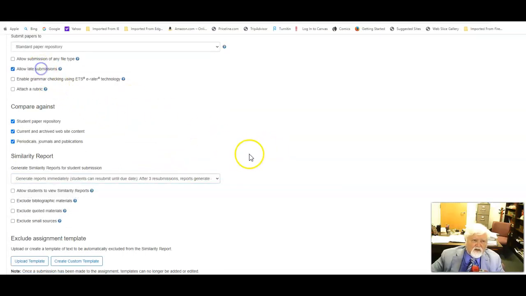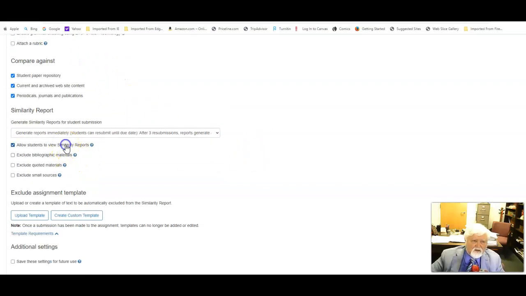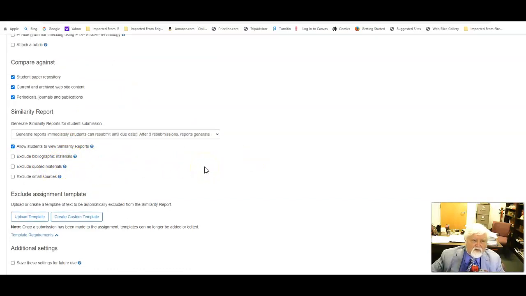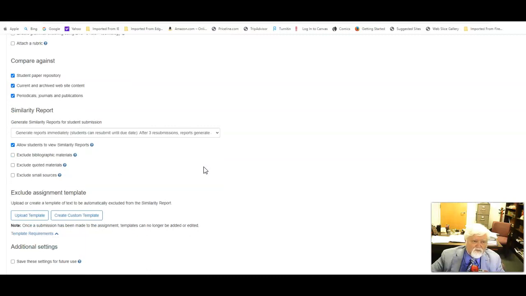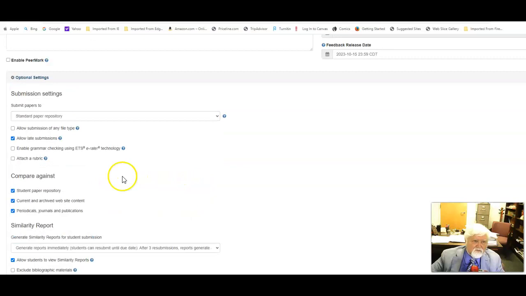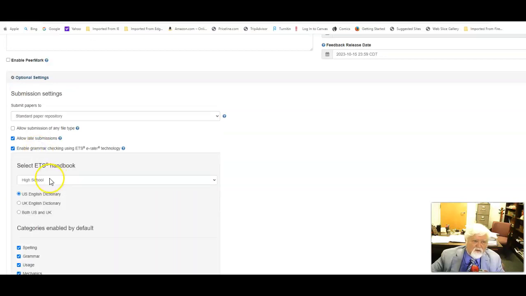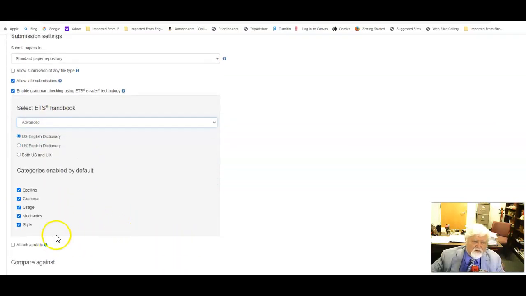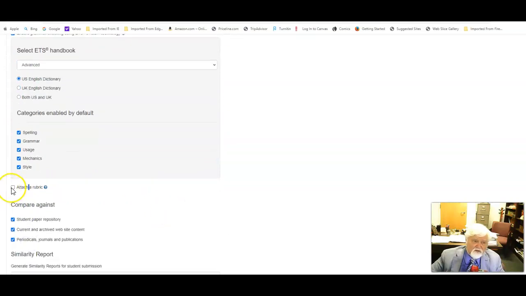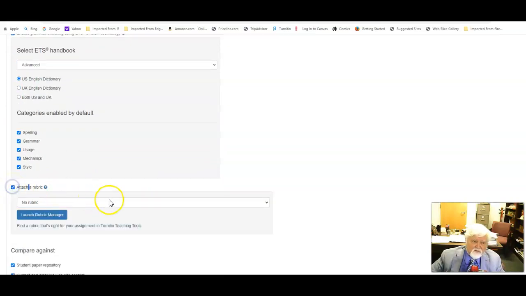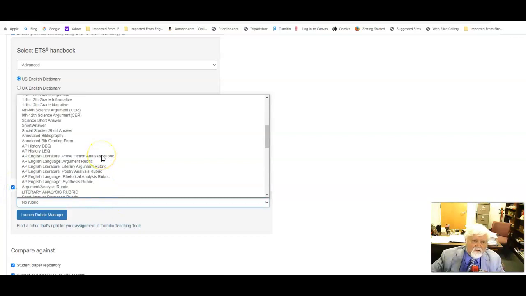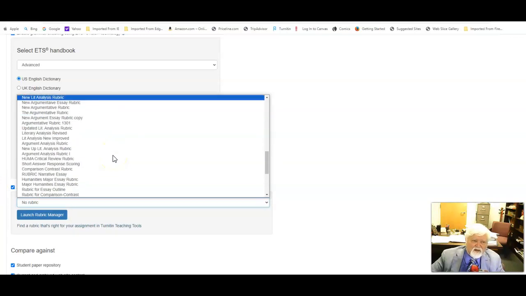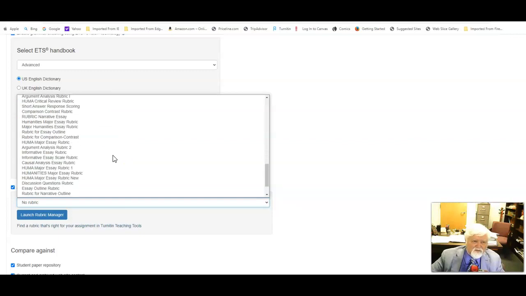It does this all the time. Yes, this is one reason I'm looking at this, to make sure that it's what it's supposed to do. We want to enable that one. We want to attach a rubric. Okay. It does this all the time. It likes to get rid of what you're supposed to have on here.